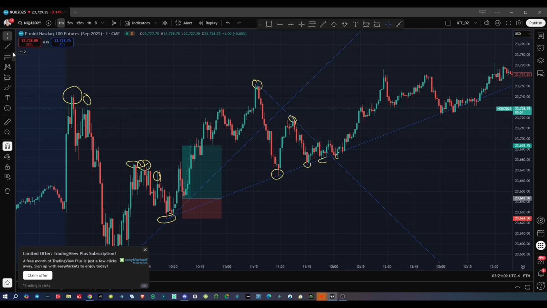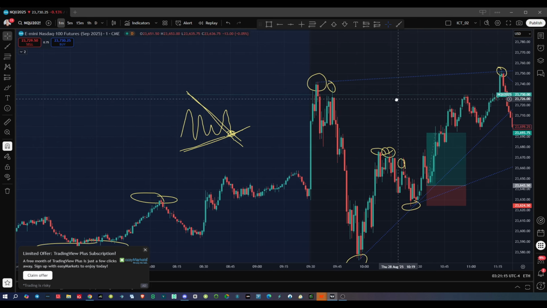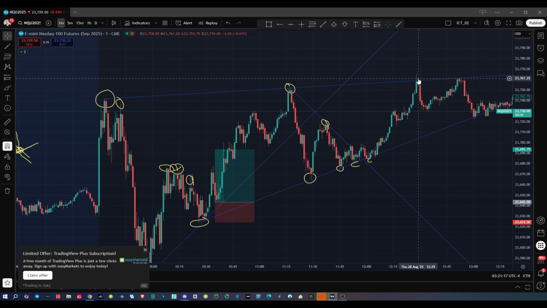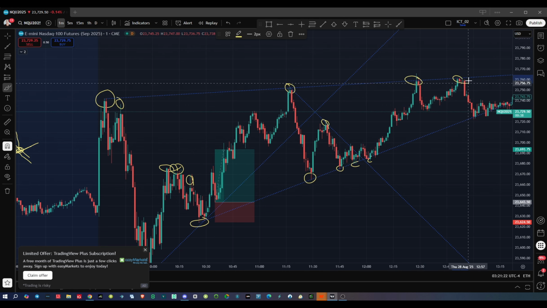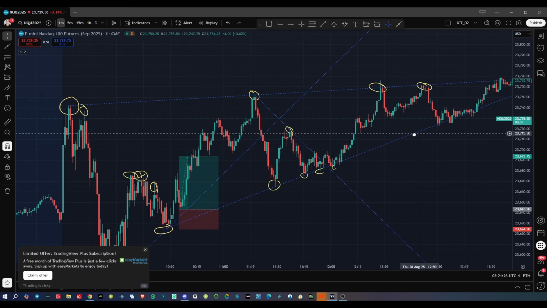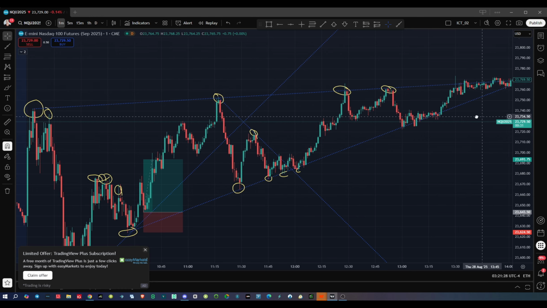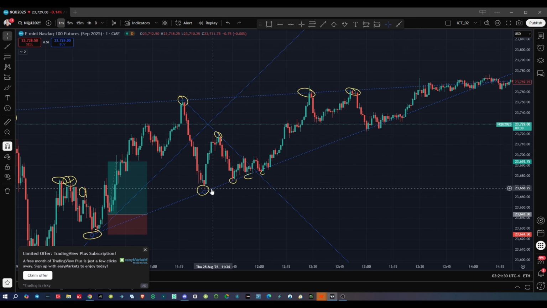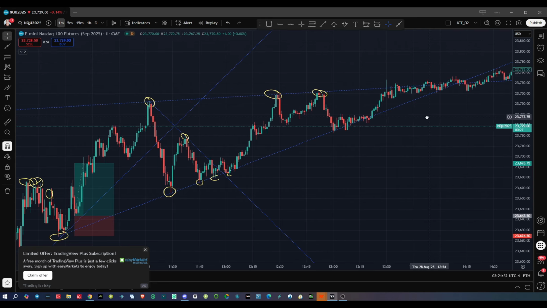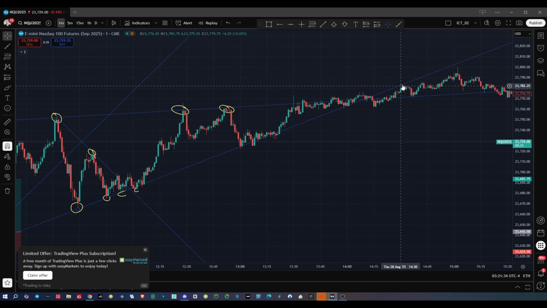Even this trend line here, if you drew that trend line on top, you could have taken that short there, waited for a break, taken the long, shorts, even this one. The whole time this is respecting the trend line.